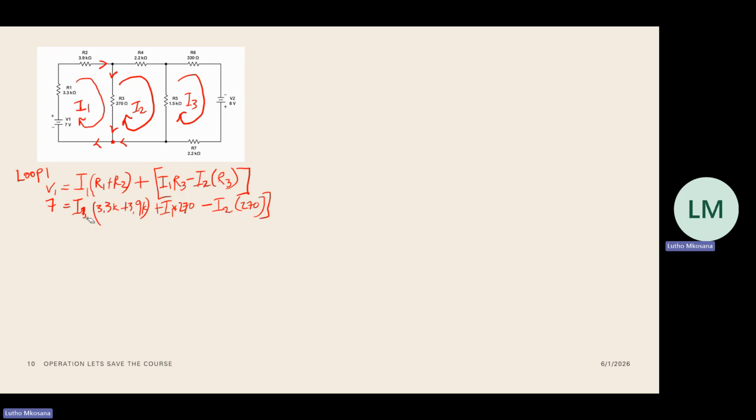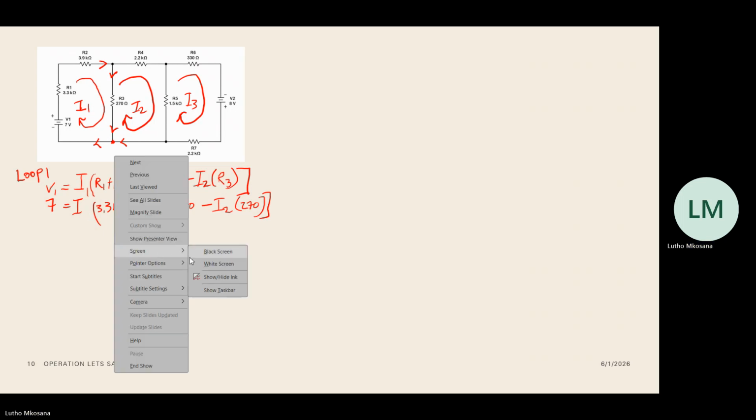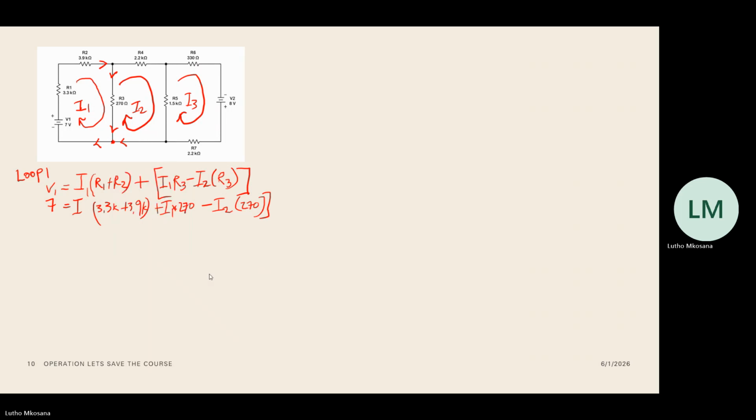Just want to erase this. This is I1. There we go. So I1 will be this value plus this value.